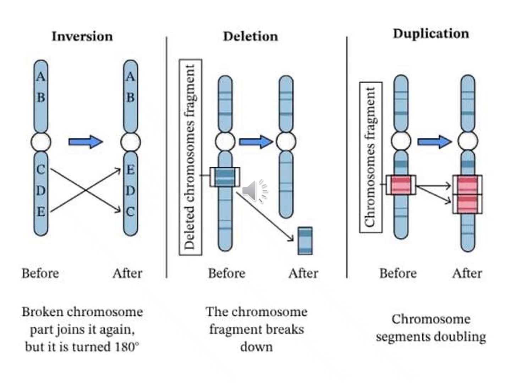And next is duplication. Here the duplication means a repetition of the chromosomal segment. That means one extra genetic material will be there. So simply, in the picture it's showing that the chromosome segment is doubling.